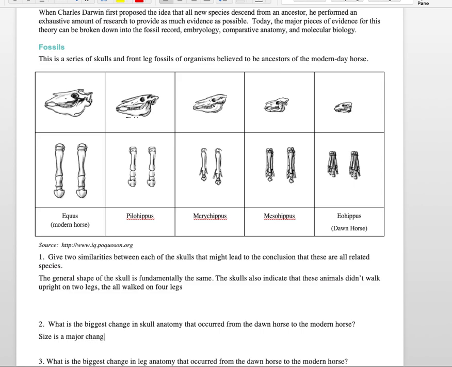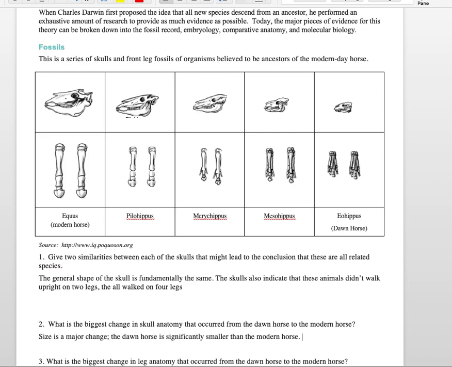I mean, that's the most notable. You can see that the dawn horse is significantly smaller than the modern horse.